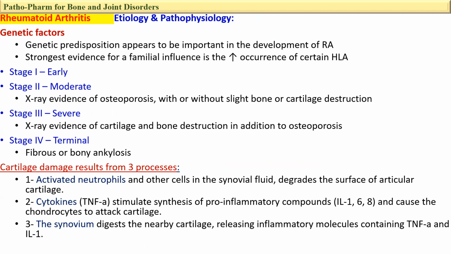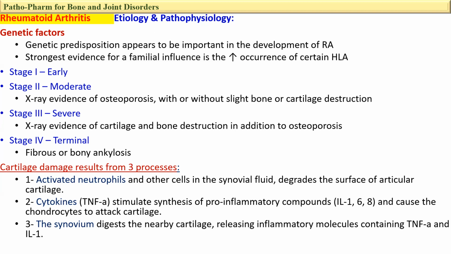The genetic factors. As an autoimmune disease, it will go through different stages. Stage 1, the early phase, has no destructive changes on X-ray. You may see some evidence of osteoporosis, but it's an early phase with no significant destructive changes.